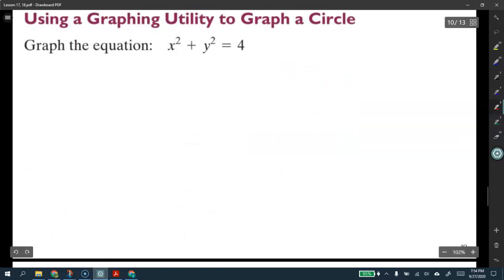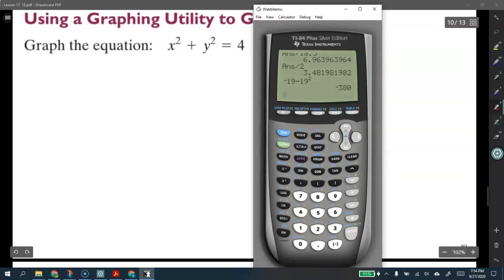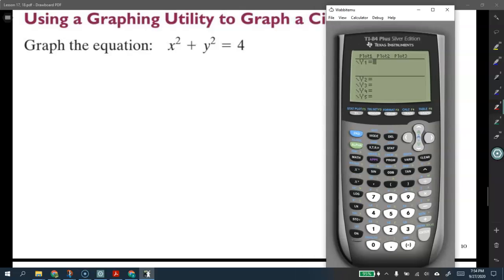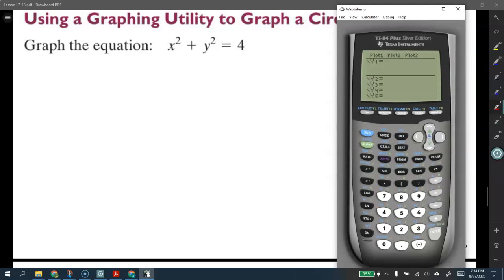All right. Now, it says that you're supposed to use a graphing utility to graph a circle. So what we'll do is we'll take a moment and pull up a graphing calculator to graph the circle here. The first thing that you want to do is clear anything that's in your graphing calculator and go to the y equals menu. Notice how it says y is equal to.